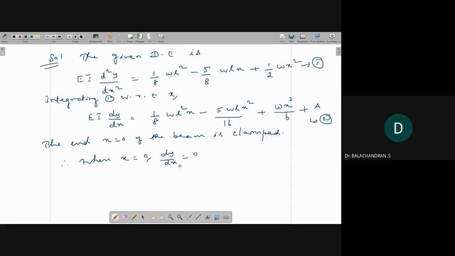Okay. So, there is one more condition for the fixed end, but I need only this because I have here only dy by dx. When x is equal to 0, dy by dx equal to 0. So if you substitute 0 in equation 2, 0 equal to, this x is 0 and this is also 0, this is also 0.